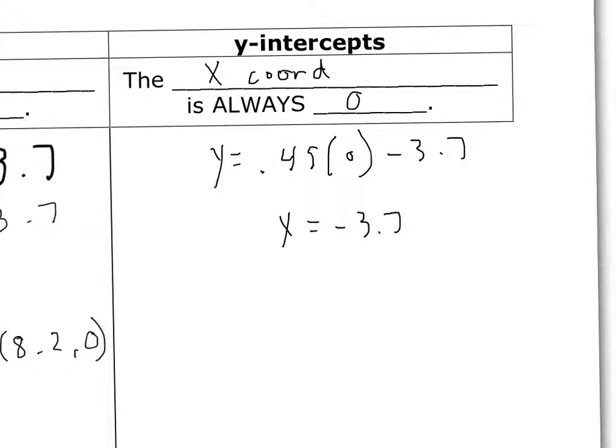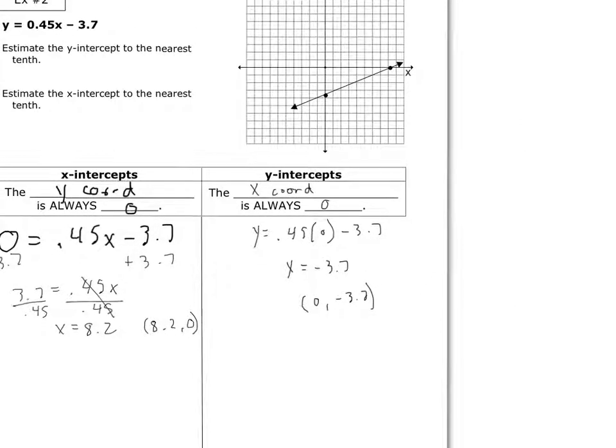Okay, so that would give you your y-intercept, and at that location, you know that your x value is 0, and your y value is negative 3.7. Okay, so that would give you pretty much the exact location of the intercepts for your x and your y.